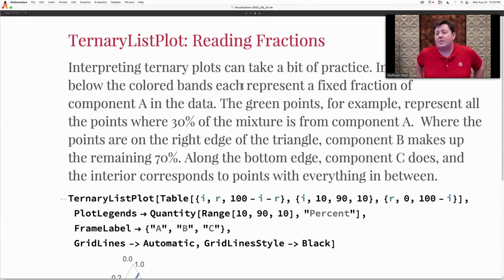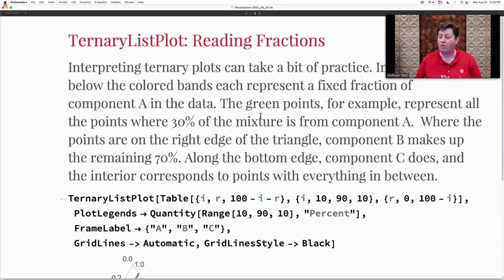The ternary list plots are not as familiar to everybody, and so it can take a little bit more time to get used to interpreting them and figuring out what you're seeing when you look at one of these.